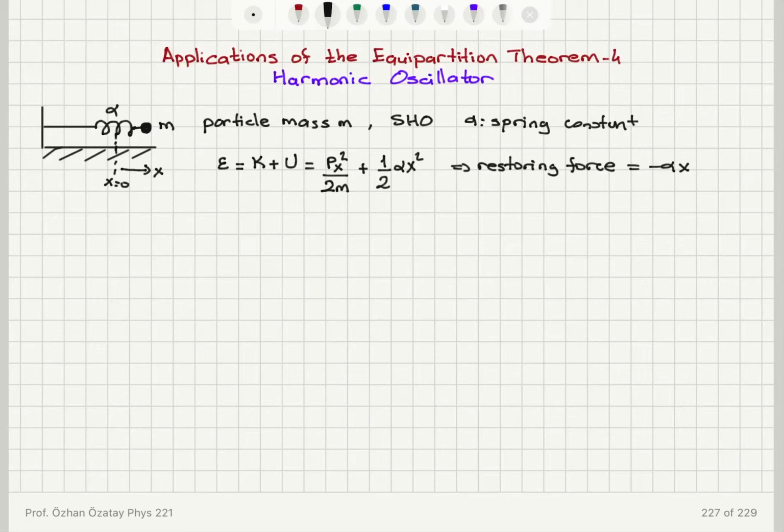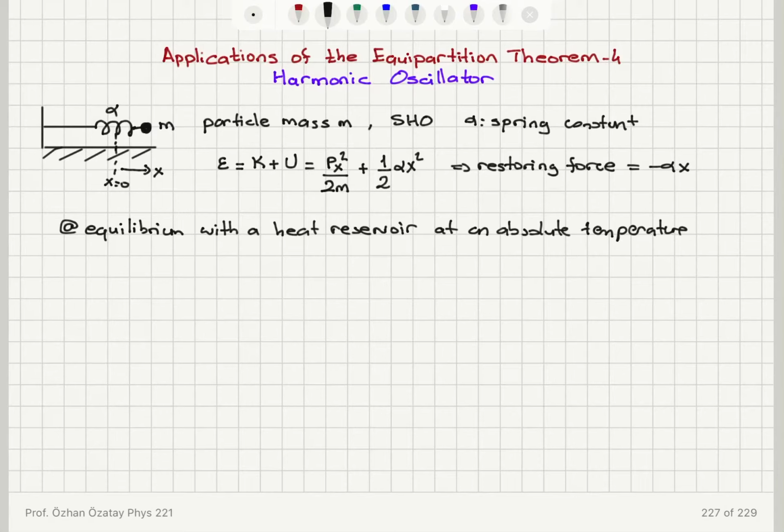So let's assume that the system is in equilibrium with a heat reservoir at an absolute temperature T. In that case, I'm assuming that this temperature T is high enough so that I can neglect quantum effects.